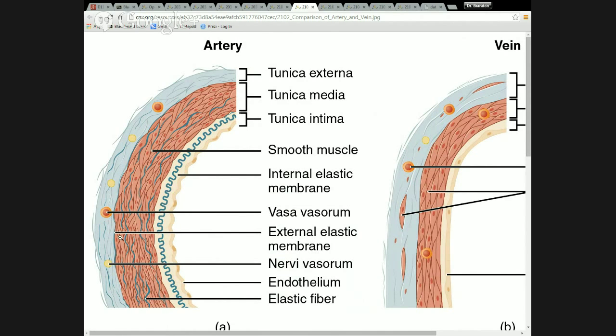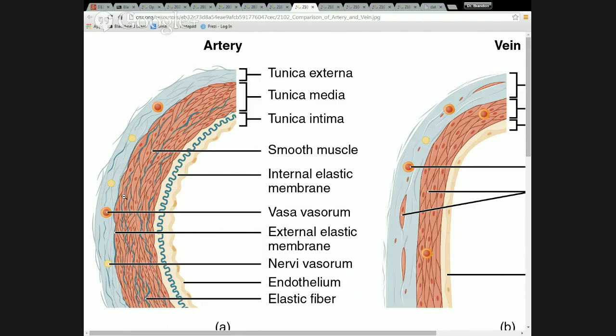This label's pointing to the outer edge of the tunica media, but there's really some elastic tissue within the media also. It's part of the tunica media. It's in arteries. It's not in veins. And just like the internal elastic membrane, it sort of pulls in and keeps the artery a little bit on the contracted side, just naturally.